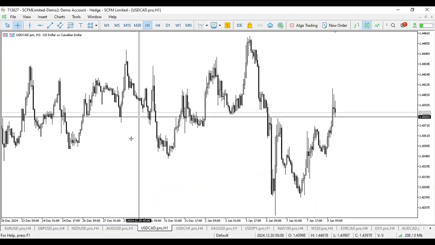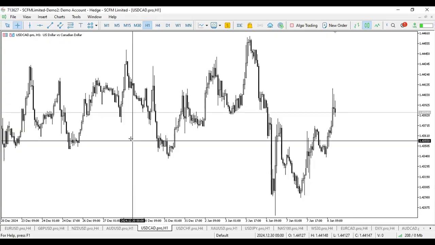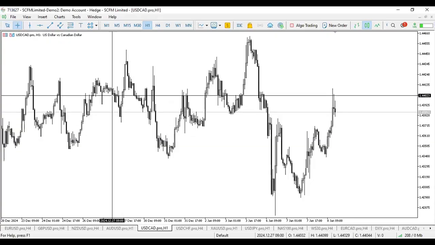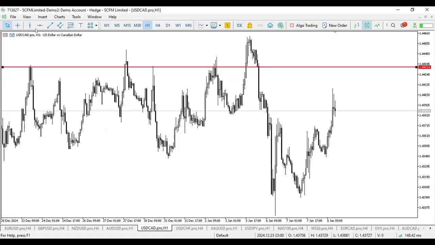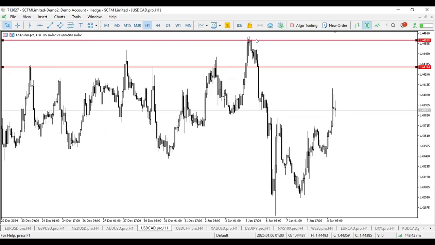Current price is at 1.43849. If I expect that price will get to this area, then drop, I will place a sell limit.